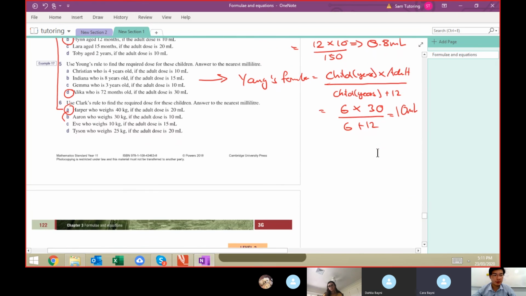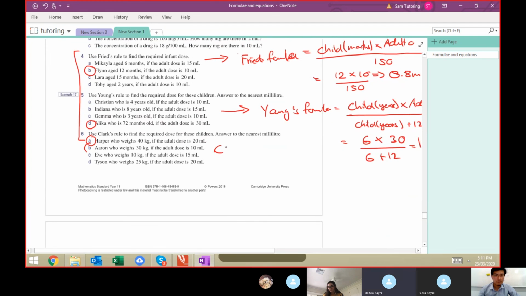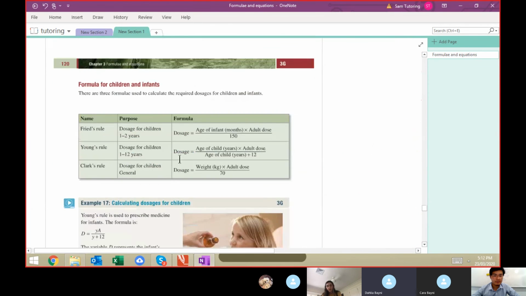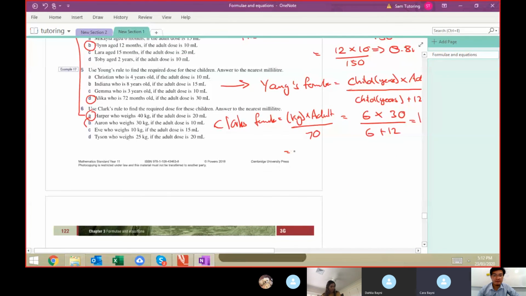Okay, and let's do the last one. We've got Clark's formula. Clark's formula is for the weight, which is the kilogram multiplied by adult all over 70. Can someone else verify if that's correct? Kilogram adult over 70? Yeah. Again, I don't know if you're expected to remember this formula, but I'm pretty sure they give you this in the formula sheet.